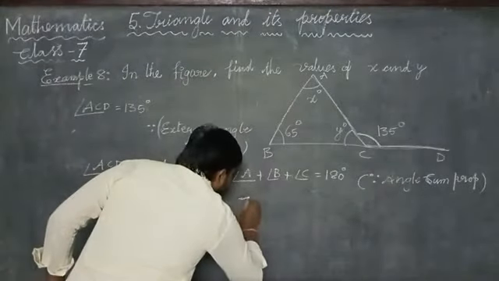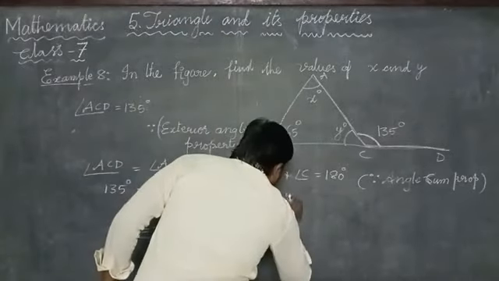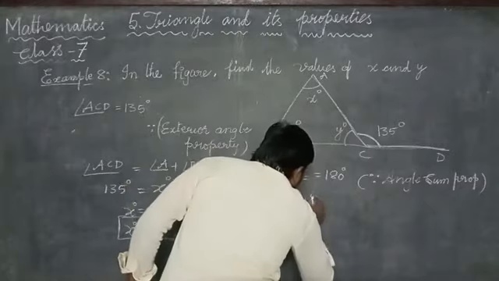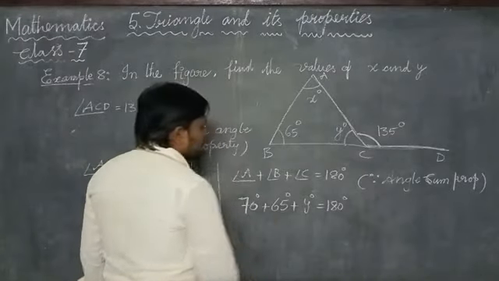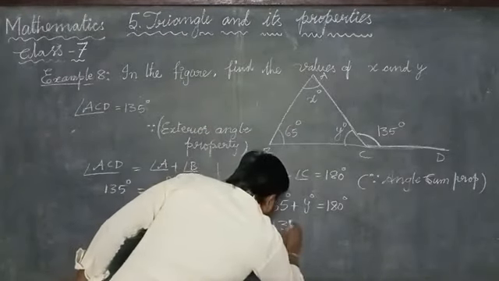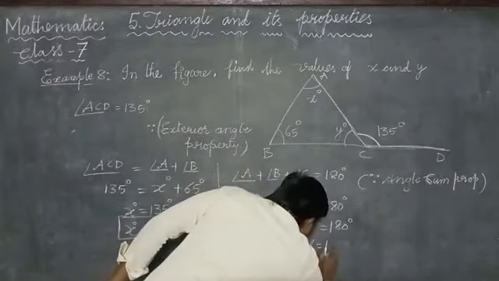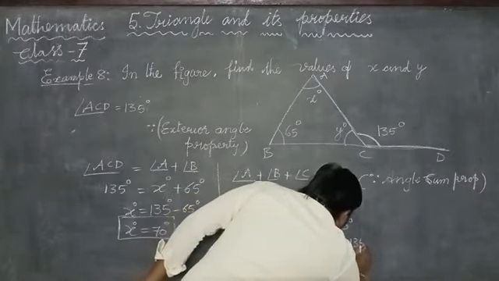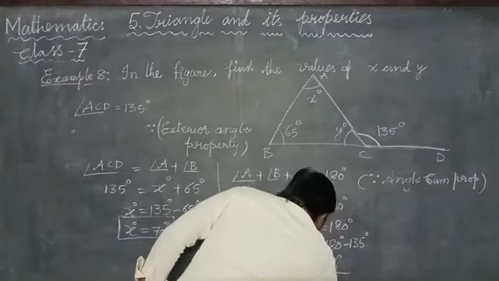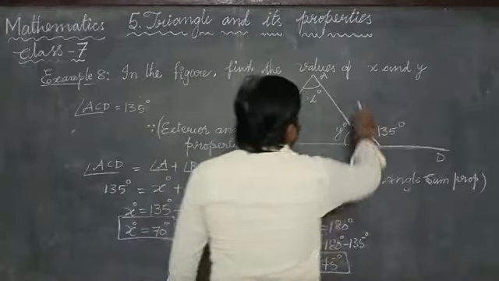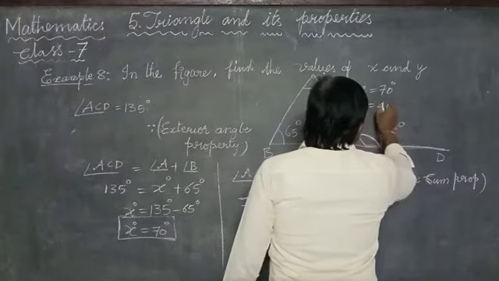By substituting angle A 70 degrees, angle B 65 degrees, angle C y degrees, the sum is 180 degrees. Now 70 plus 65 is 135. 135 plus y equals 180 degrees, then y equals 180 minus 135, then y equals 45 degrees. This is the y value. Here x equals 70 degrees and y equals 45 degrees.